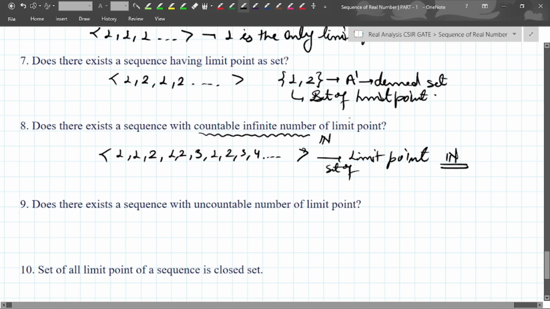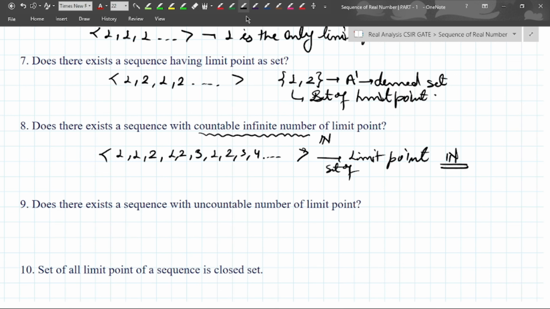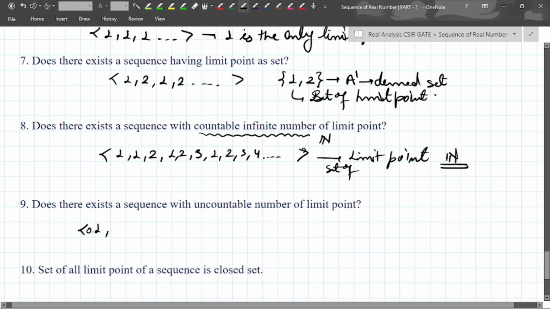Does there exist a sequence with uncountably many limit points? Yes. For example, take 0, 1, 1 by 2, then 2 by 2, then 1 by 3, 2 by 3, 3 by 3, then 1 by 4, 2 by 4, 3 by 4, 4 by 4.